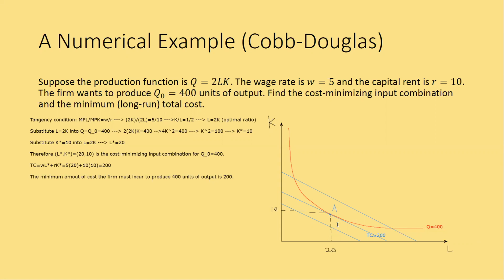We do not need to figure out what they are, or it's not actually necessary to draw those two. But the isocost line passing through point A, we can calculate its level. It is TC equals 200. So we can draw a graph for this problem.